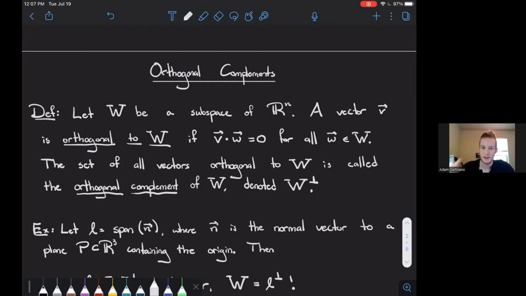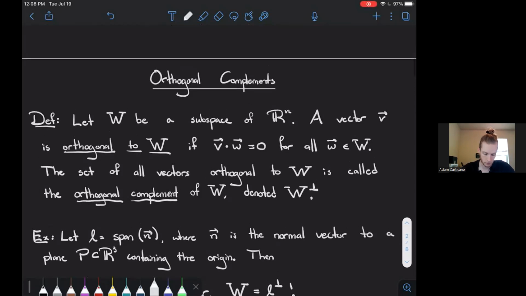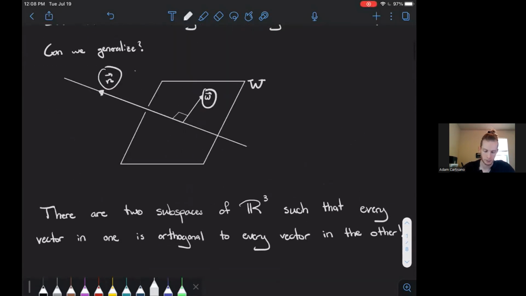Now the set of all vectors that are orthogonal to the subspace W is called the orthogonal complement of W. Again, in our previous example, it was the set of all vectors that were orthogonal to the plane W. That would be just any multiple of n.